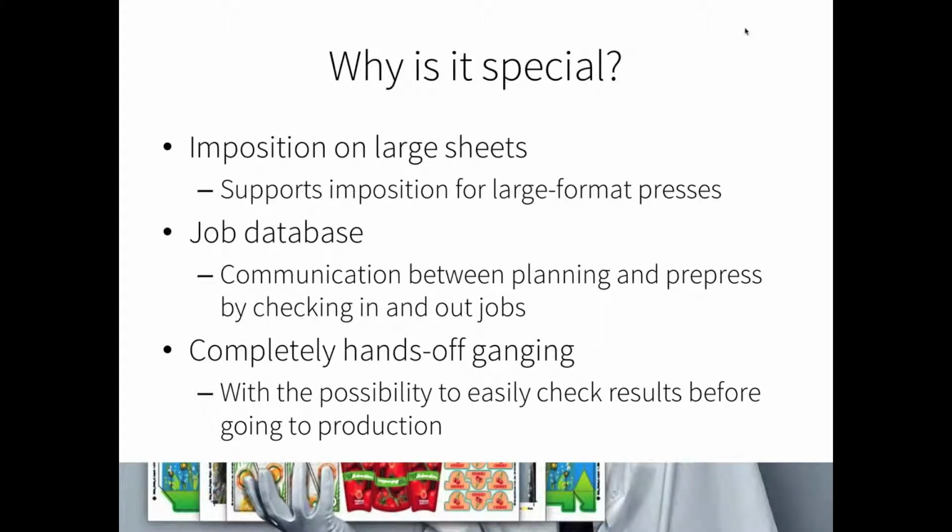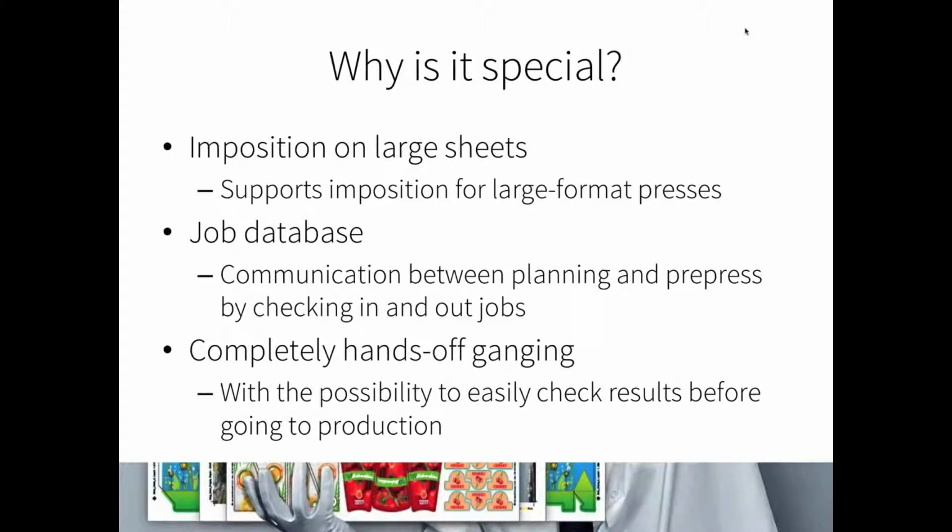It also does imposition on large sheets, and we've seen that sometimes makes a difference in projects. If you're dealing with large format, for example, and the sheet sizes that you want to gang jobs on are big, then IMP can typically handle those up to a really big size. There is a job database. I already talked about the planning aspects and the pre-press side of things, generating the imposition.